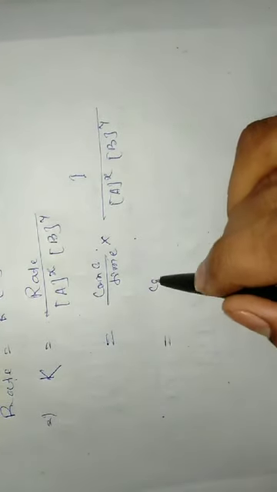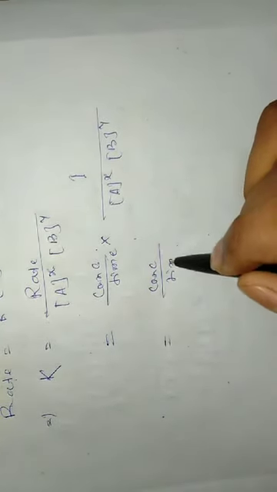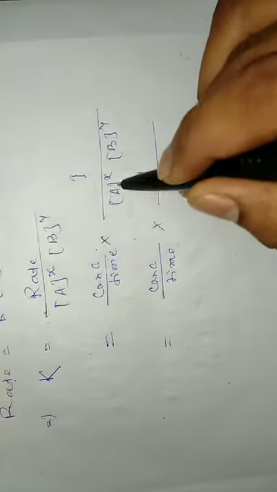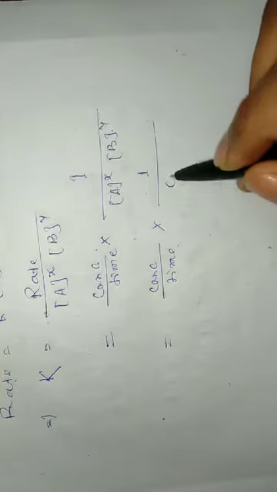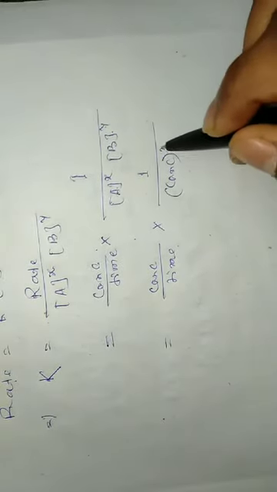So concentration divided by time, and 1 by concentration to the power x, concentration to the power y, that means concentration to the power x plus y.